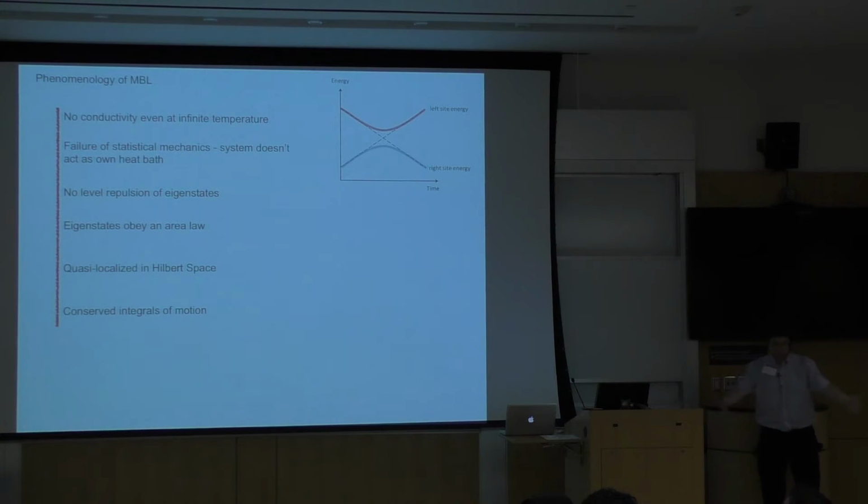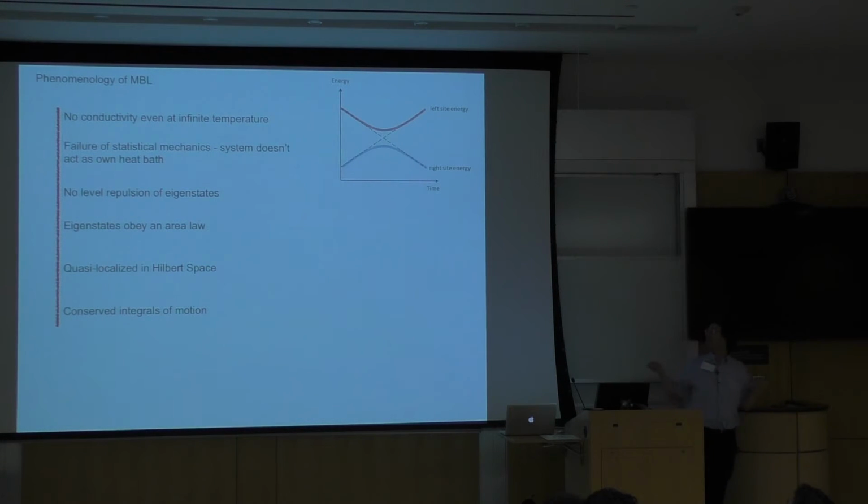When you go to StatMech 101, what do they tell you on day 1? They say, you have some big system, and that big system acts as a heat bath for little chunks of it. And it turns out that if I happen to be in a many-body localized phase, statistical mechanics breaks down. The big system does not act as a big heat bath for the rest of the system.